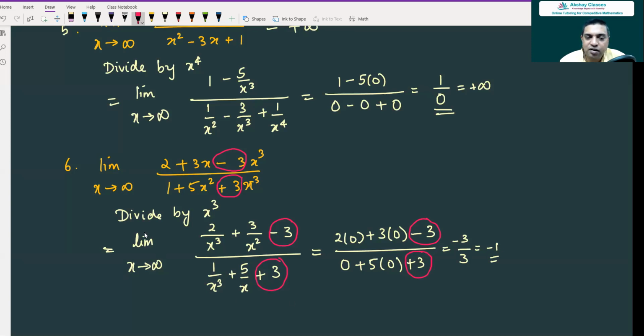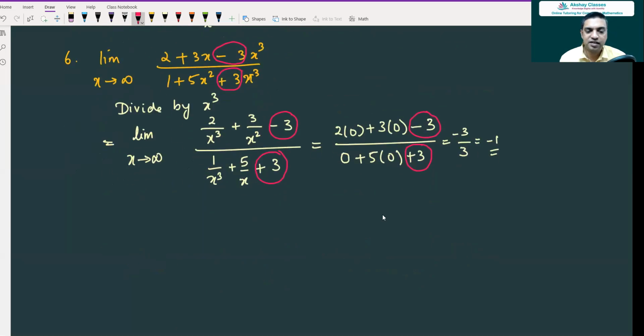So you can save a lot of time if your concept is right and you are in full grip of the concept. You directly divide the coefficient of the highest power in the numerator by the coefficient of the same highest power in the denominator. Of course, this will not work if degrees are different in the numerator and denominator. You have to be careful.